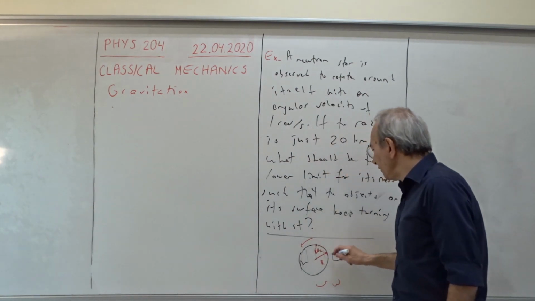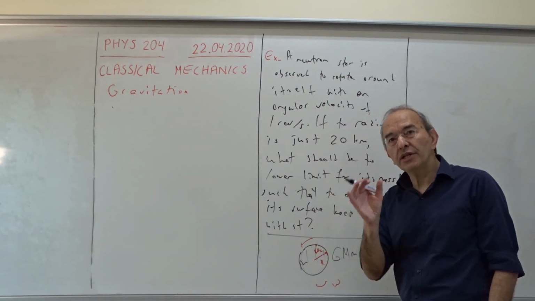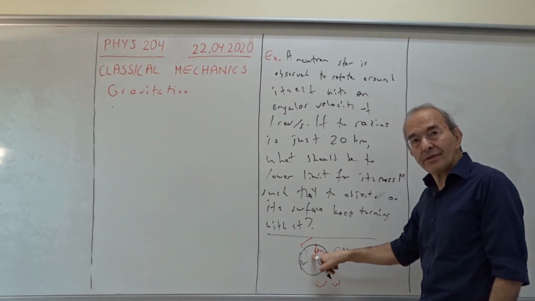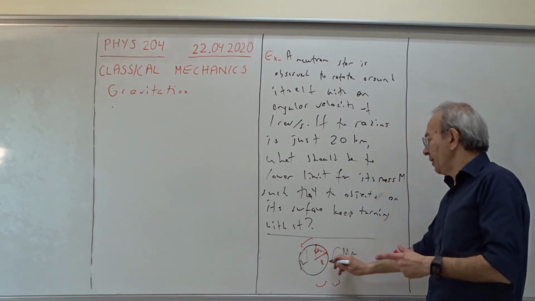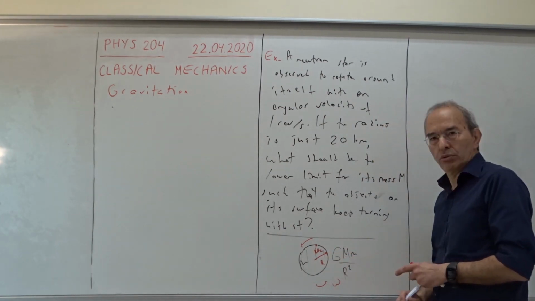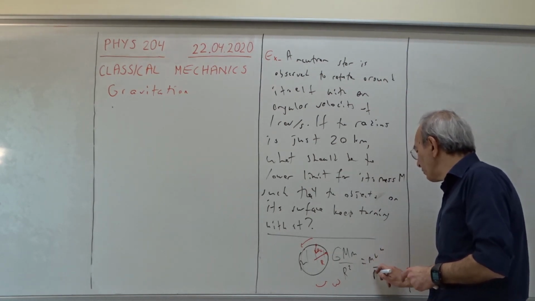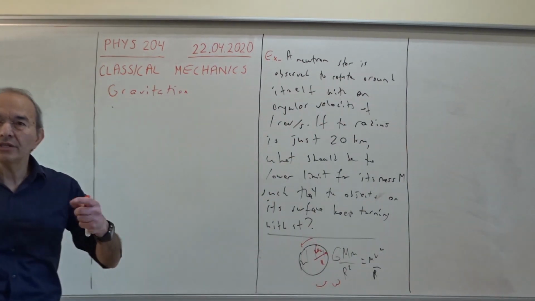That object, if it keeps rotating with the star without any shifting on the surface, should have a centripetal acceleration towards the center provided by this gravitational pull. That should be equal to m v squared over r, as we know from physics 101. But this is not v yet, it is omega.